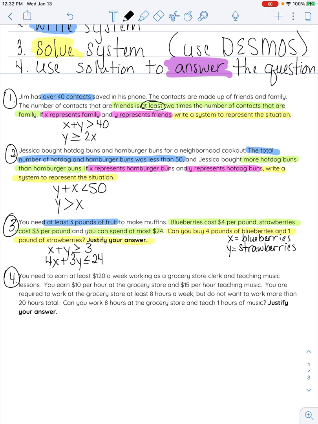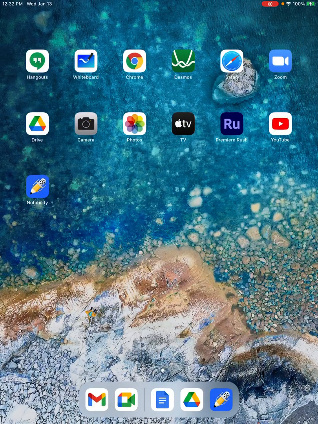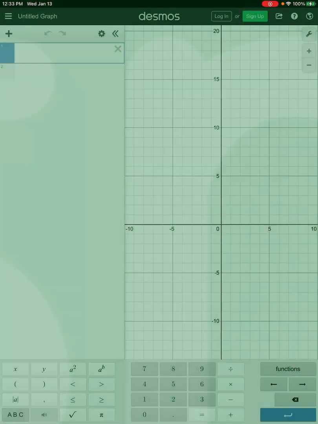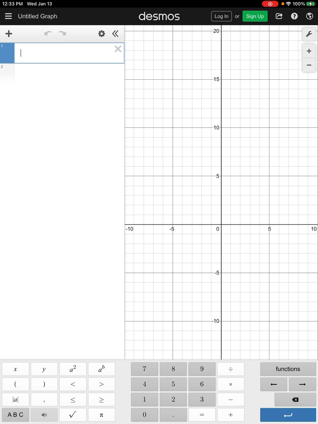And I'm going to, again, use Desmos for that because that's a tool we have. I'm just jotting it down so I don't have to keep going back and forth. All right, so first I'm going to open Desmos. Okay, so I've got X plus Y. And remember, if you don't see the keyboard in the bottom left-hand corner, click on your keyboard so you can use your symbols.